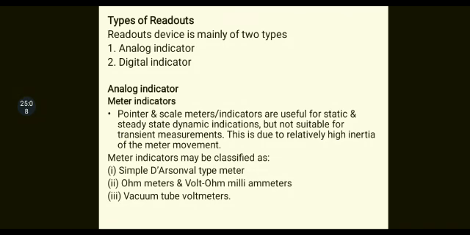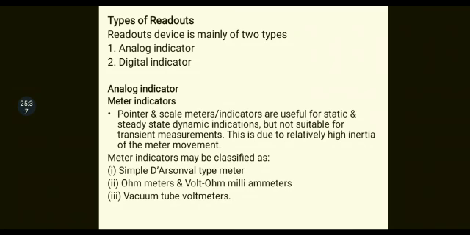Indicators, we should understand, analog means meters every time. Your electrical meter, speedometer, like that. Meter means that is analog. There is a pointer. Analog indicators, meter indicators, pointer and scale, are useful for static, steady state indications.